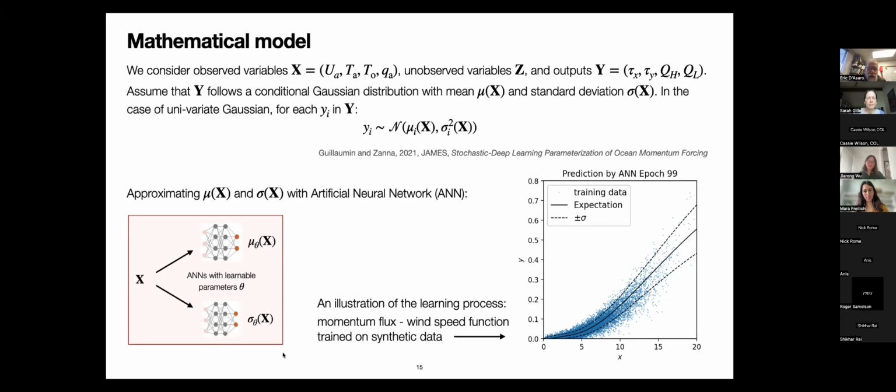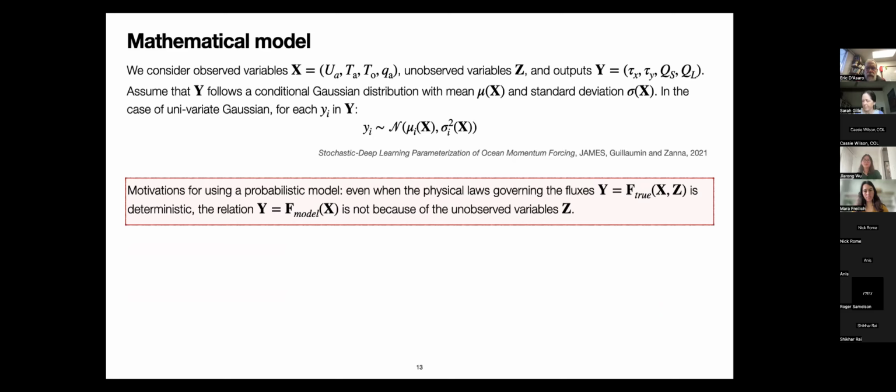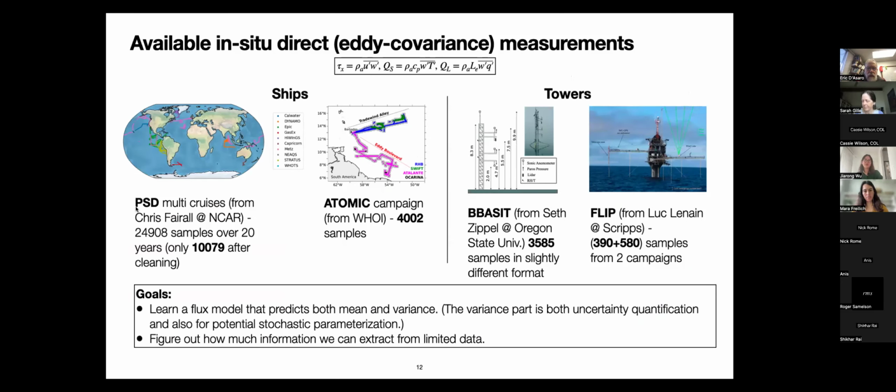My other quick question is about the wind speed, UA, up there. You mentioned just the wind speed. Do you use the relative wind when you do this fitting? In other words, do you account for the ocean surface current? That's a good question. But in the data set I use right now, PSD, I don't see measurements of current, so I'm just using wind.